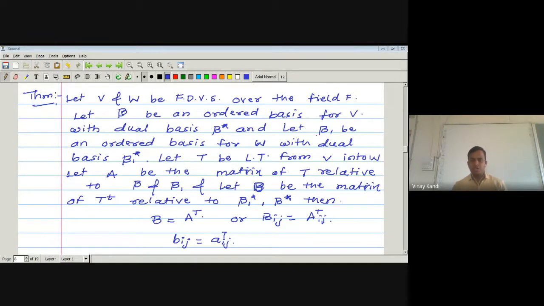And let beta 1 be the ordered basis for W, and beta 1 star its dual basis. Let T be the linear transformation from V to W, and A the matrix of T relative to beta and beta 1, and B the matrix of T transpose relative to beta 1 star and beta star. Then we have to show that B is equal to A transpose. Matrix of T transpose is equal to transpose of matrix of T.